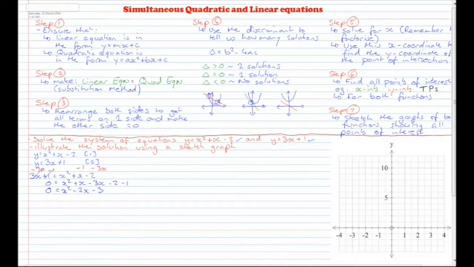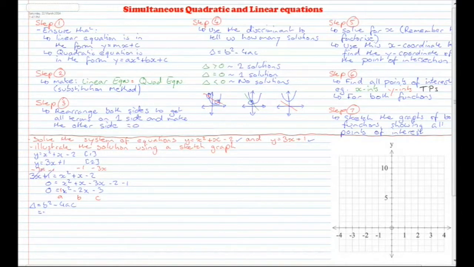Step 4 says use the discriminant to tell us how many solutions, that is how many times they intercept with each other. Well, let's go through and do that. The discriminant is equal to b squared minus 4ac. Let's label my a, my b and my c values. My a is the number out the front of the x squared, which happens to be 1. My b is the number out the front of the x, which happens to be negative 2. And our c is negative 3. So we'll substitute that in now.